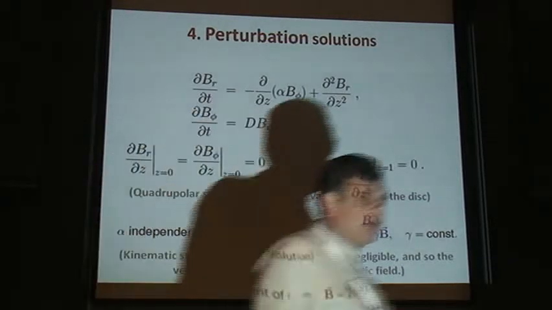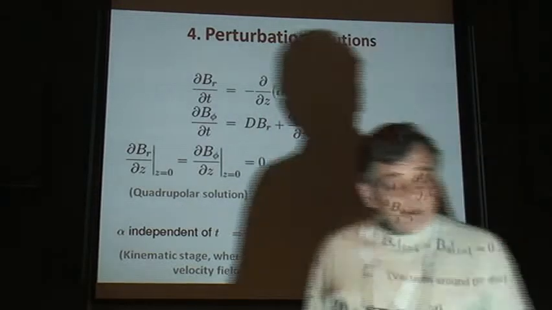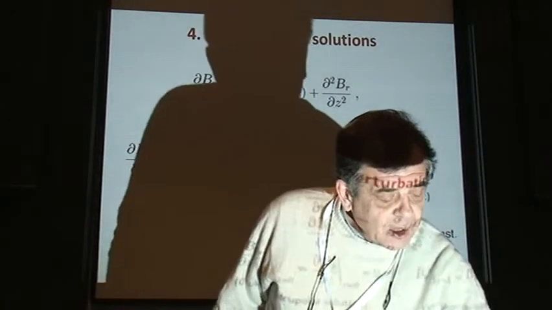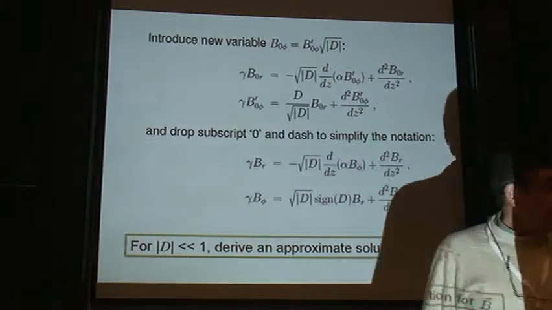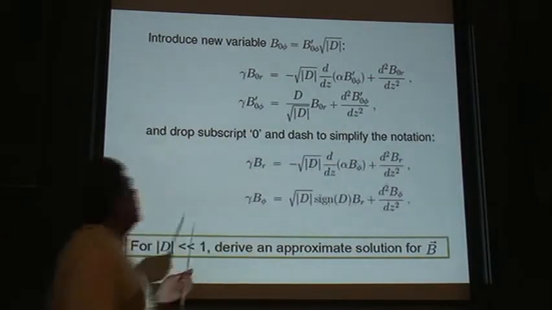So we are talking about the kinematic stage of the dynamo, but it's a good start. I'm not saying this is the only interesting regime, by no means. But let's start with something simple to see if we can get far enough.